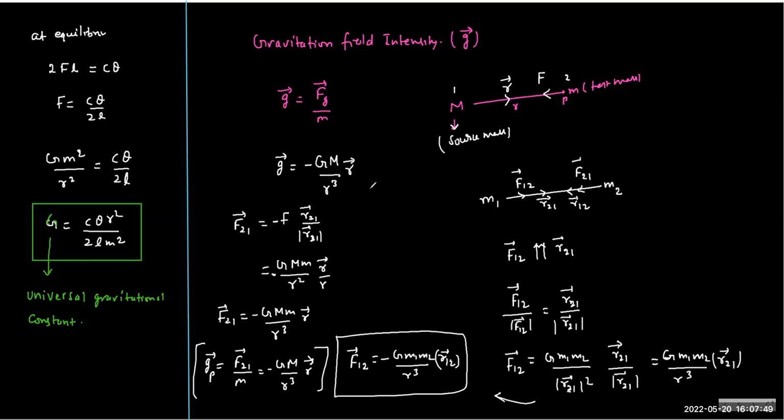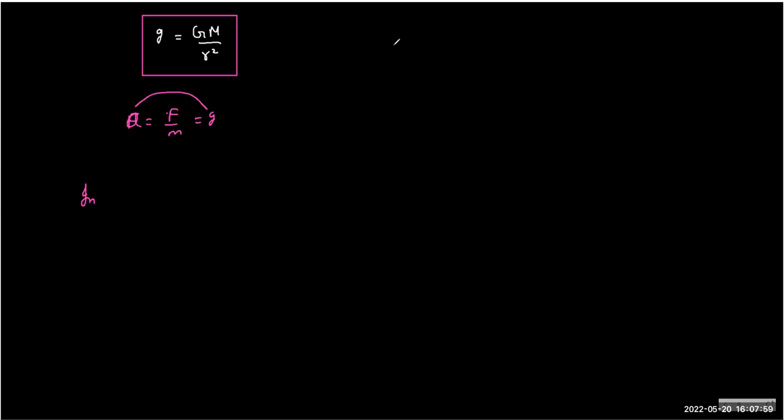If you try to understand the acceleration we define, we say how much force can generate how much acceleration. That is the concept of inertial mass. If I write F equals m into A, if you apply a force of 1 Newton on a mass of 1 kg, you get an acceleration of 1 meter per second square.